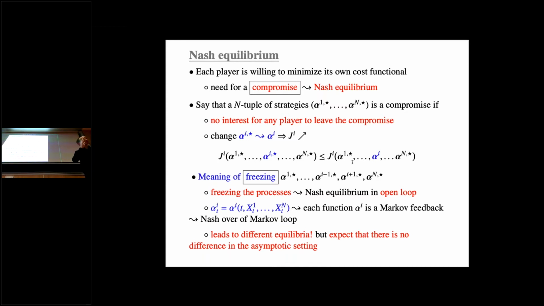There are several forms of definition for this in the literature on game theory. So I'm not going to make a big course on game theory. This would be outside my own expertise, by the way. But I just want to give you a flavor of the difficulties that you may have.